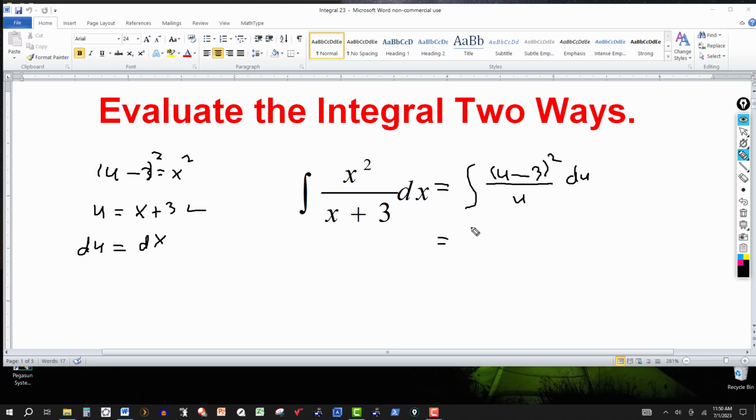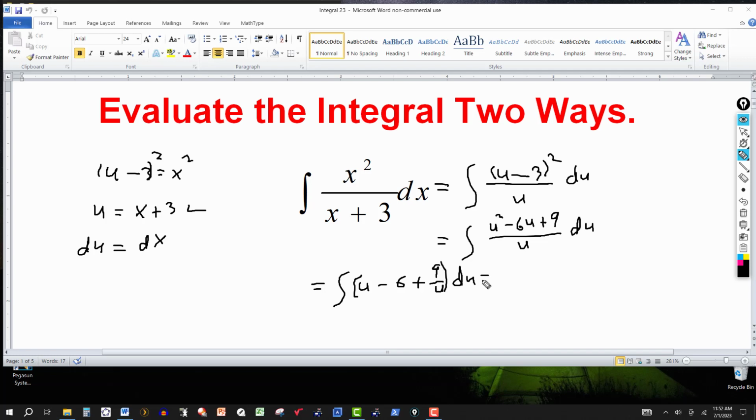So then we expand the binomial in the numerator, minus 6u plus 9. And that's over u. Then we divide through by u. So u squared over u is u, minus 6u over u is minus 6, plus 9 over u.